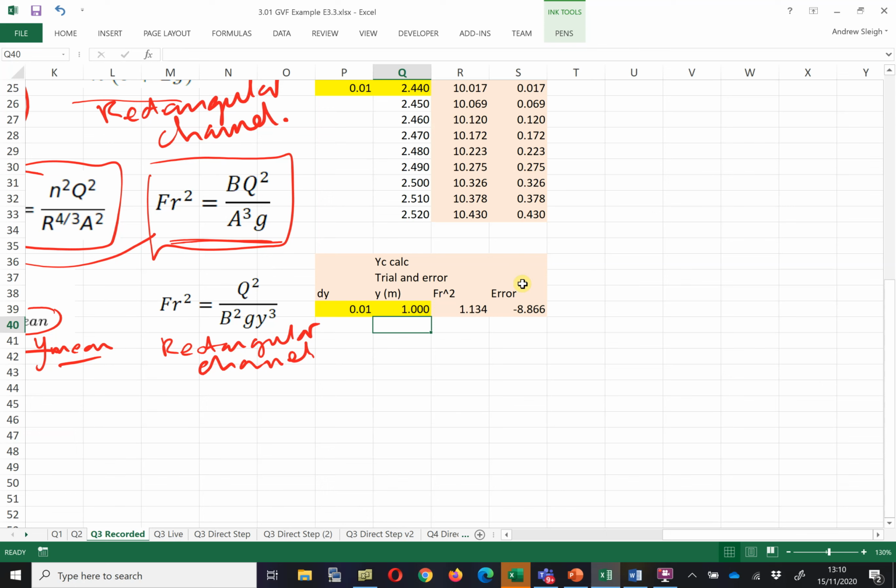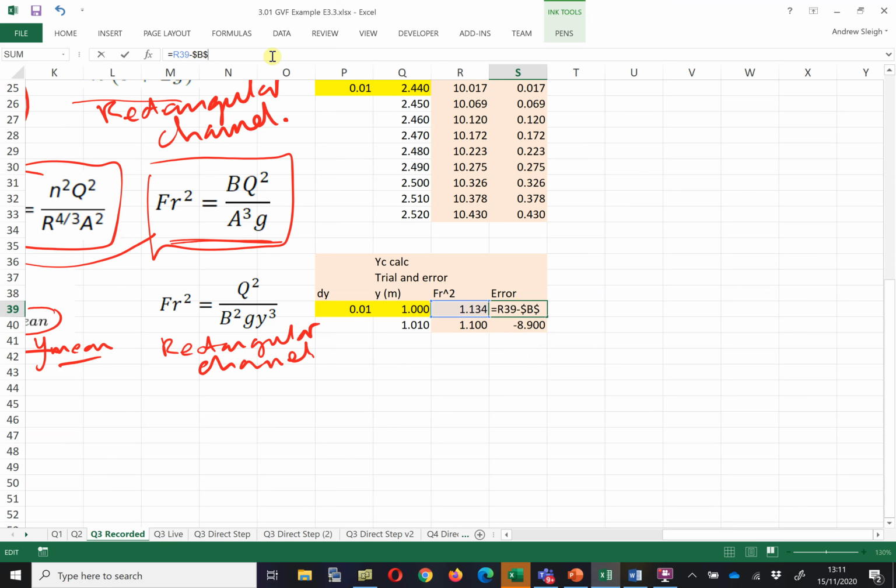Let's try 1. Oh, 1 is getting close. So this is negative though. So let's see about adding the 0.1 onto it and see if going deeper is the right direction. Else we can just change that. So it's getting towards 1. Sorry, that error is wrong.